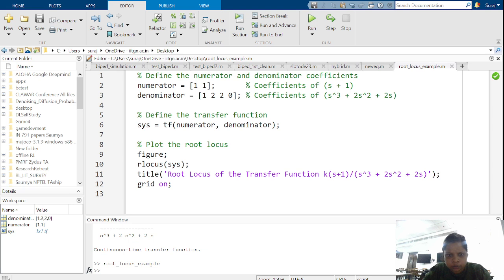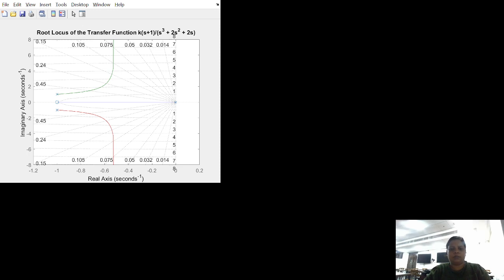Yeah, it gives me an option for figure 1. So you can see that this is the root locus.